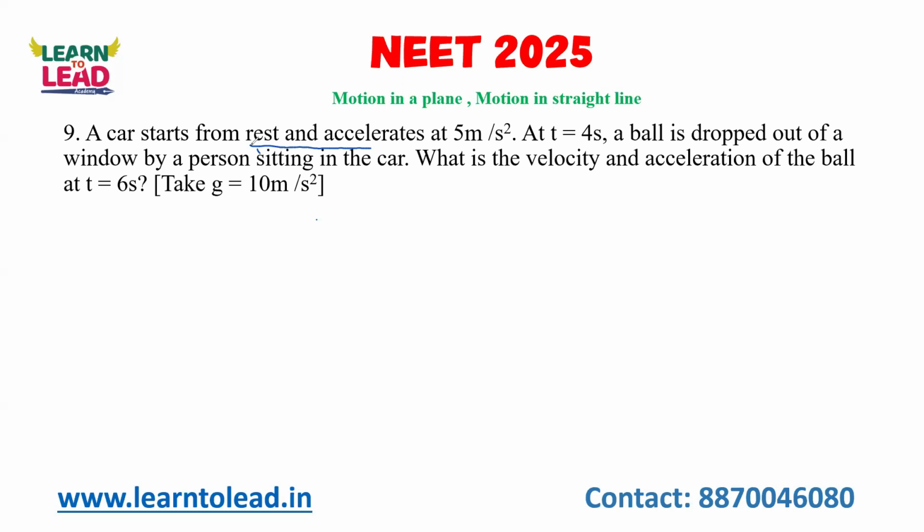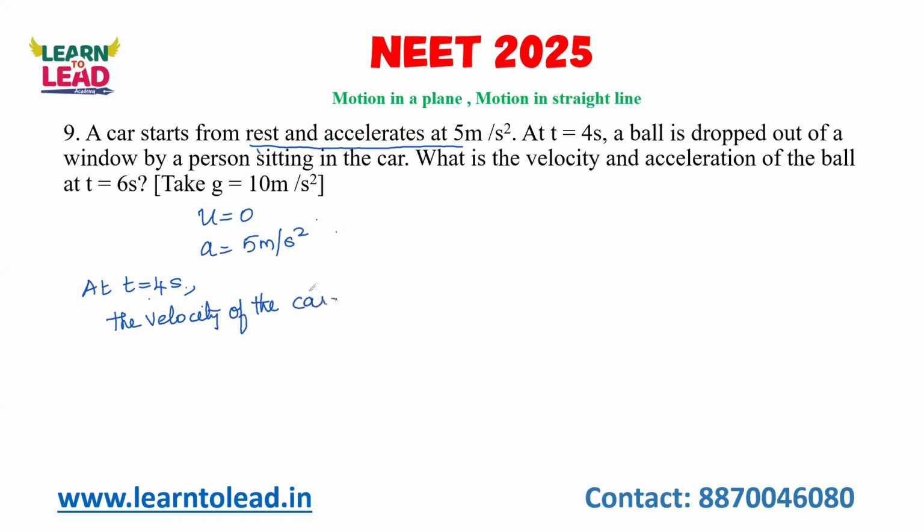A car starts from rest and accelerates at 5 meters per second square. If a car starts from rest, you should take initial velocity as 0. The acceleration is 5 meters per second square. At t is equal to 4 seconds, a ball is dropped out of a window by a person sitting in the car. You need to find out, at t is equal to 4 seconds, what is the velocity of the car?